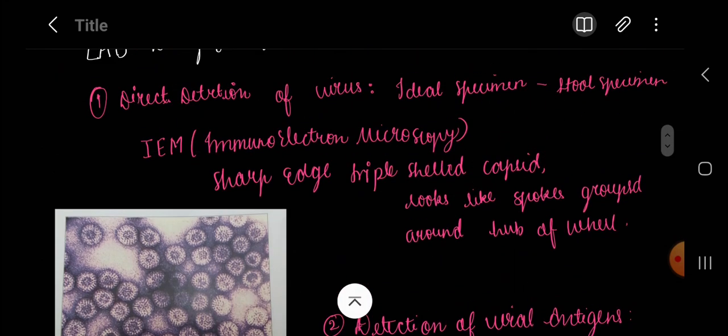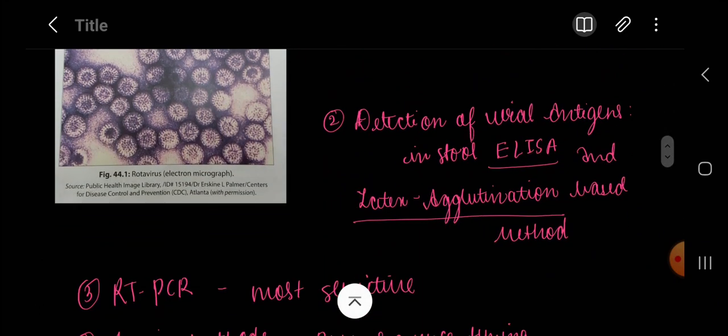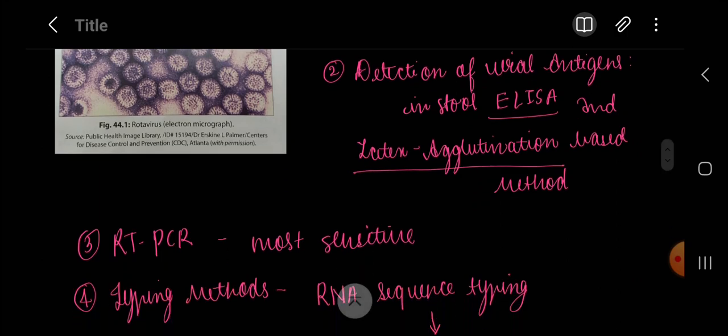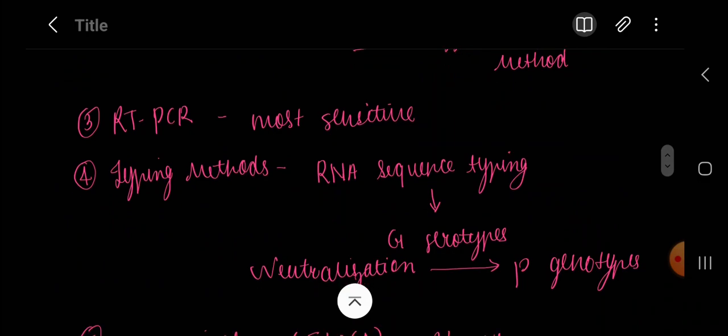So direct detection of viruses is a good method, and then we can detect the viral antigens in stool by ELISA and latex agglutination based methods. Then real-time PCR, RT-PCR, is the most sensitive one.